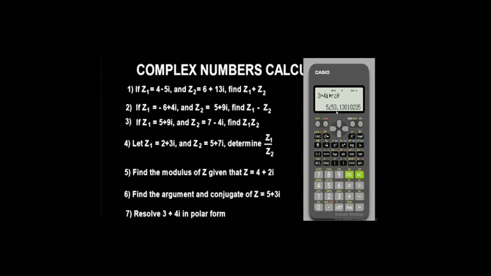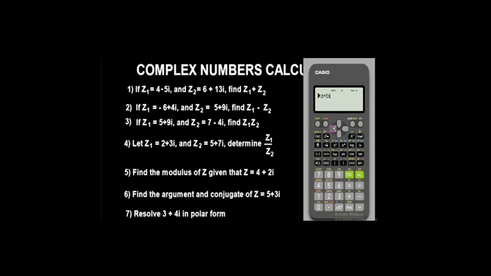Now if you want to convert back to rectangular form, remember we have 5 angle 53.13. Alright, so all you have to do is very, very simple, guys. Let me show you. Press shift this again. This time we're going to go for 4.